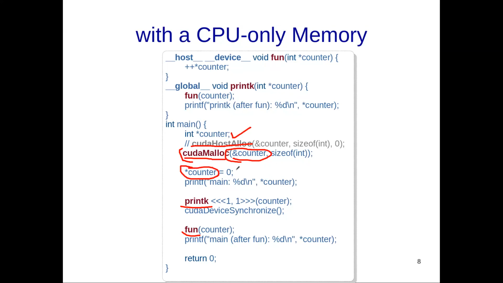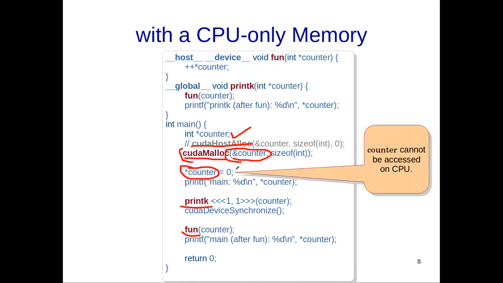Right? Essentially dereferencing of the counter is not allowed in the CPU memory. So cudaMalloc memory has to be passed as a parameter to the kernel, so that it is accessed directly in the GPU, but we should not access it on the CPU.